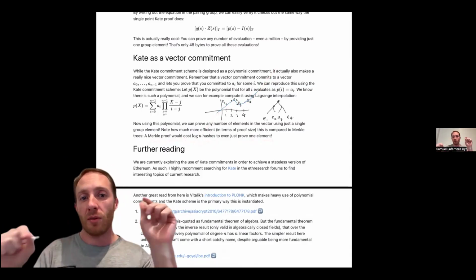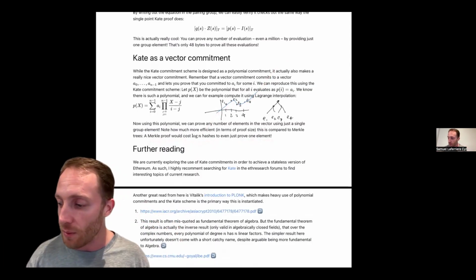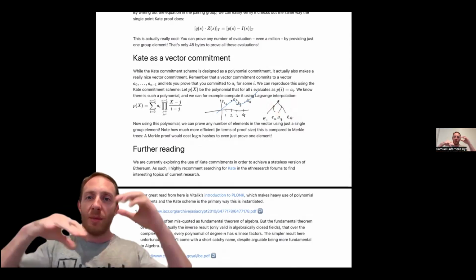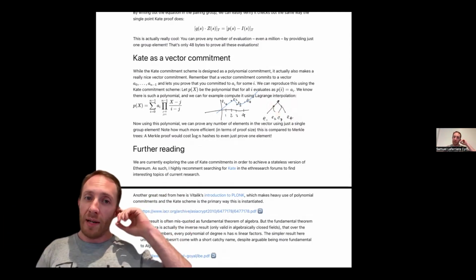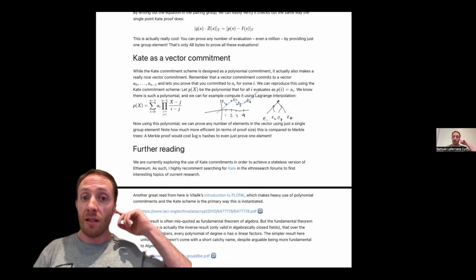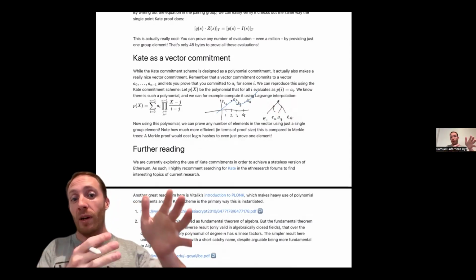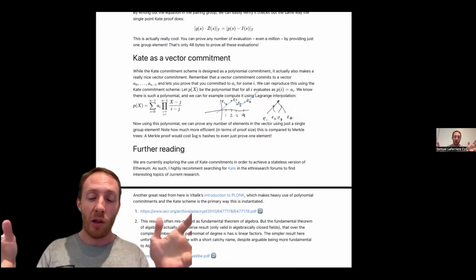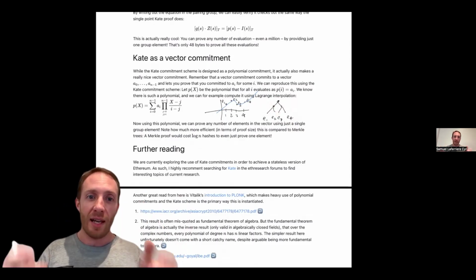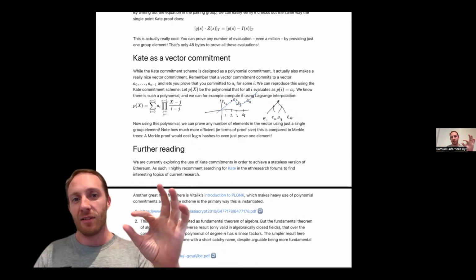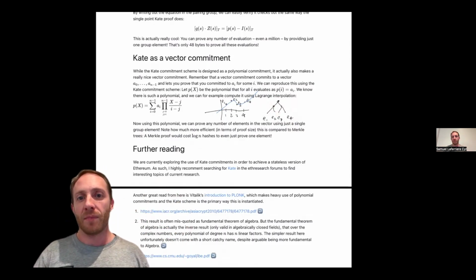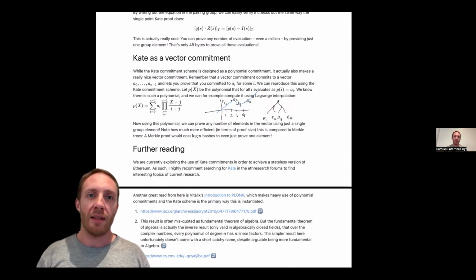And in the same way, if I want to reveal multiple elements, let's say this one and this one, then I need to give two branches, and for this one, this and this. So I basically need to reveal the whole tree, whereas with the KZG, again, the same thing: I can reveal one item, I can reveal two, I can reveal all of them. It's only ever going to cost me a single 32 byte item, and a bit of time on the prover side.